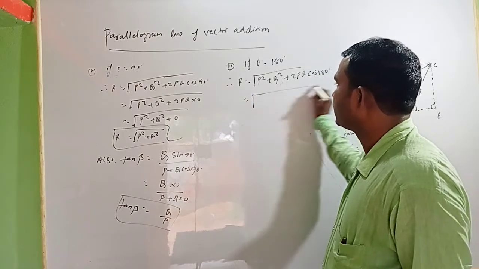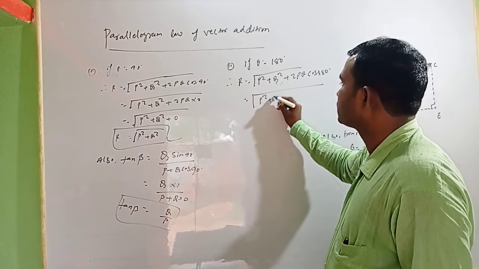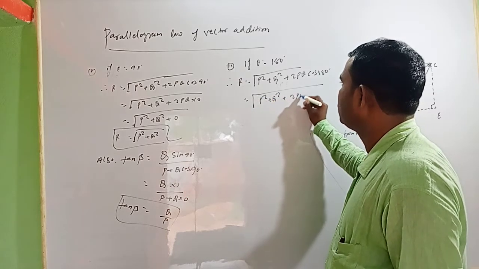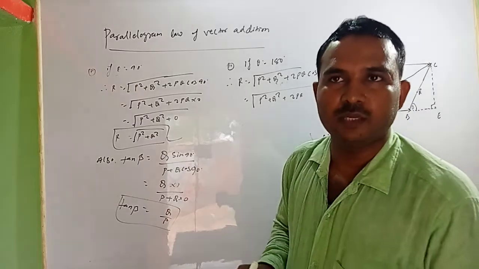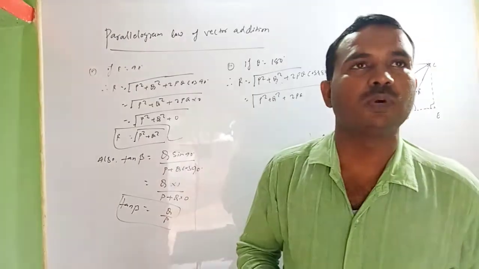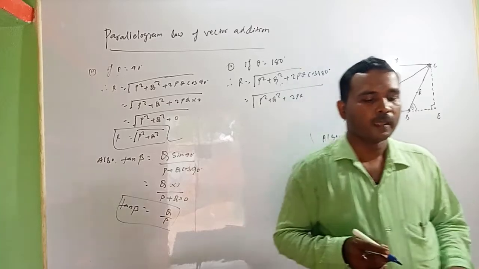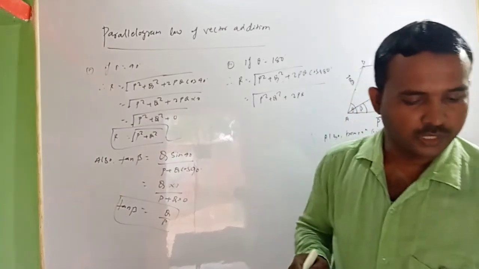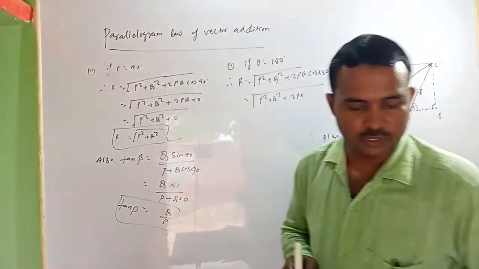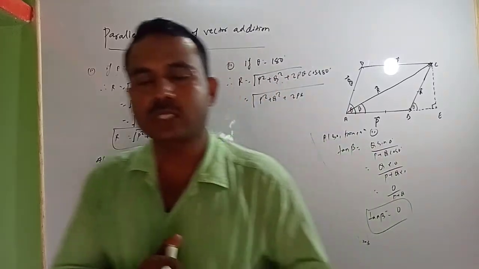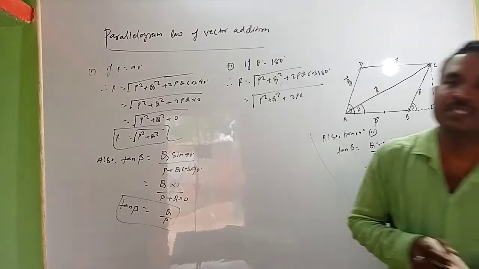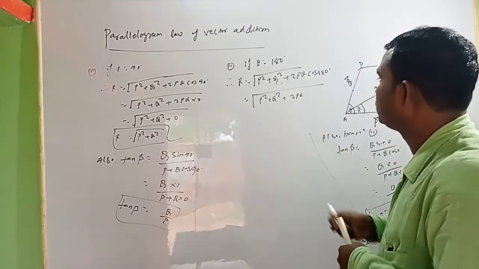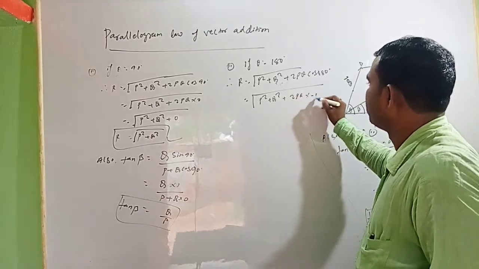Anybody, you can say cos 180 and sin 180. If you take both, what values do you get? Cos 180, is it minus 1 or plus 1? Minus 1. So you can put here cos 180, that is minus 1.